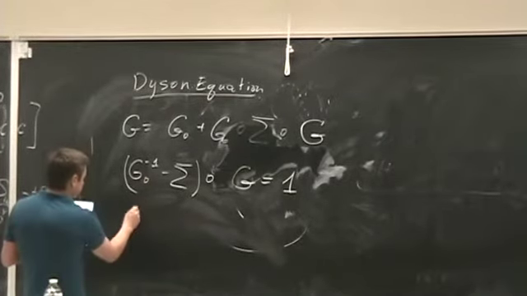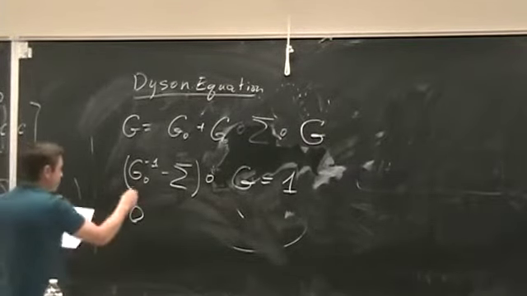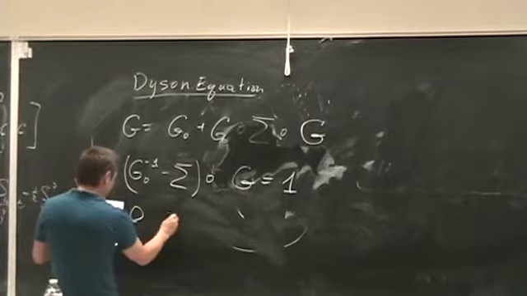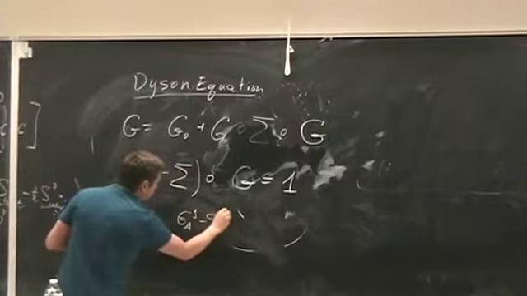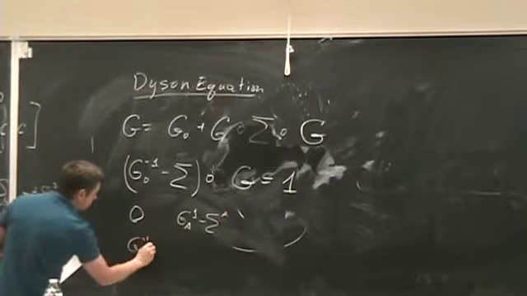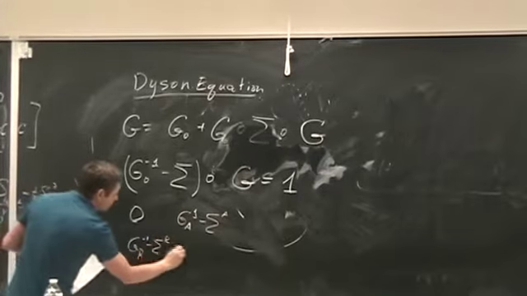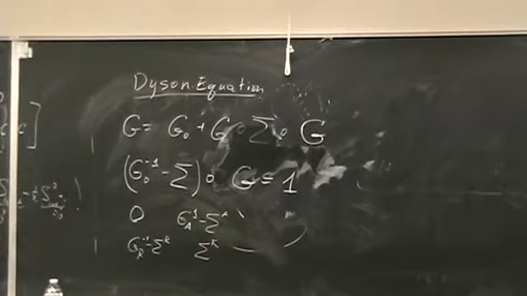So this one is my classical equation of motion, so it has this structure: G advanced to the minus 1 minus sigma advanced, G retarded to the minus 1 minus sigma retarded, and this is a sigma Keldysh. Why?